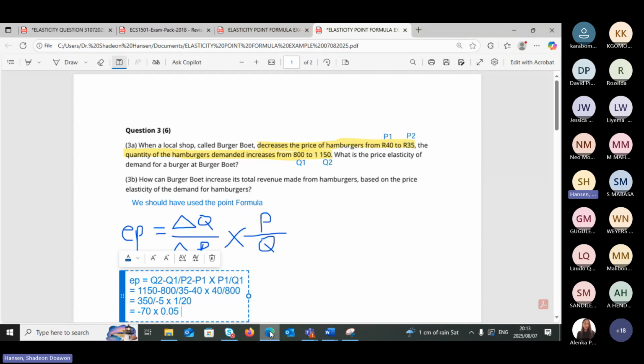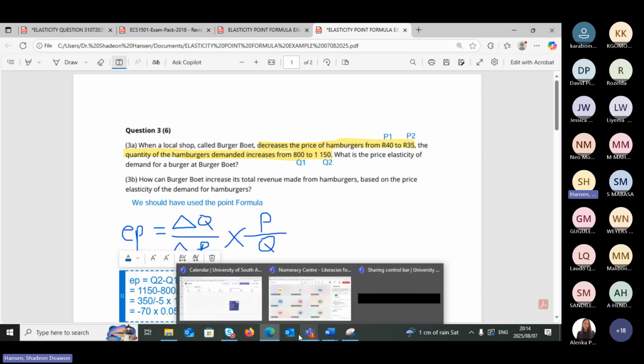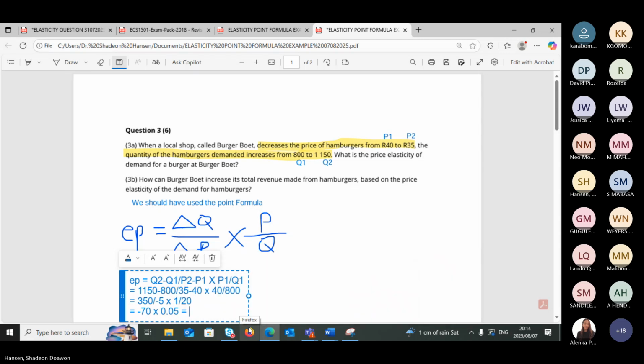So 1 over 20, if you put that as a decimal, students, it is 0.05. Can somebody give me the answer over there, please? Can you put it in the chat, the elasticity answer over there? So it says it's negative 3.5.